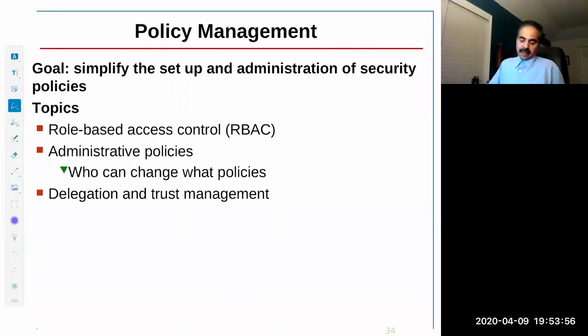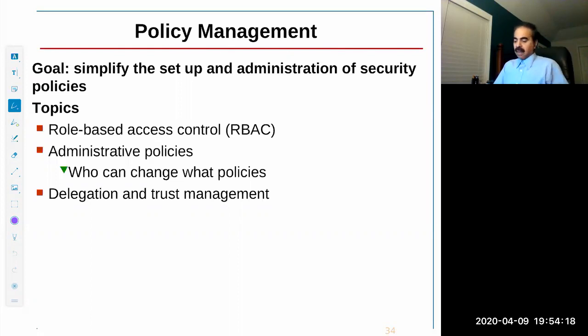So the last topic in this unit is policy management. We talked about different types of policies and enforcement, but enforcement is sort of a one-time effort, in the sense that somebody has to build the software for enforcing the policies.